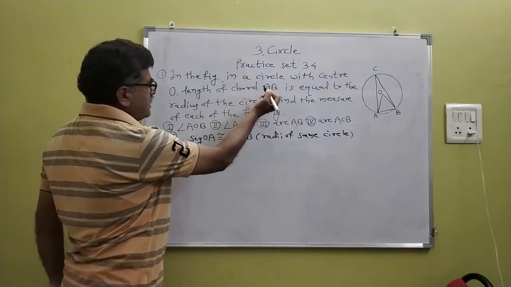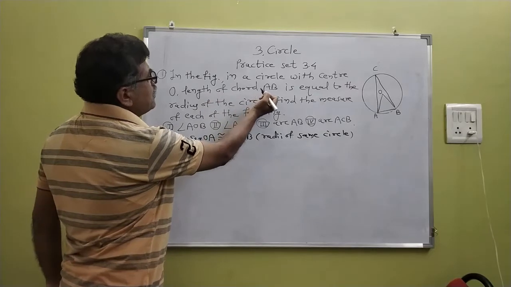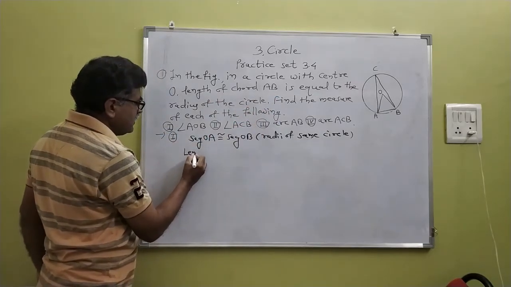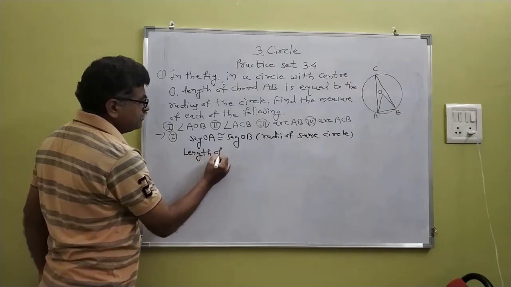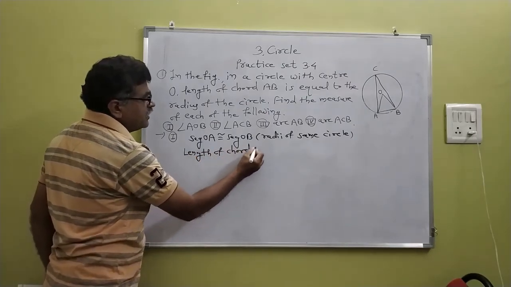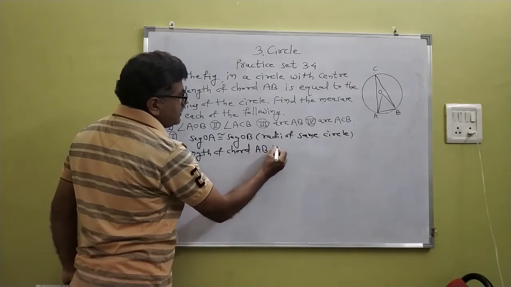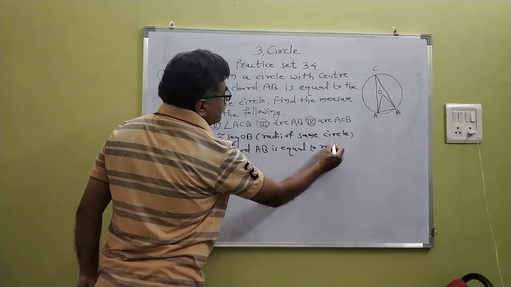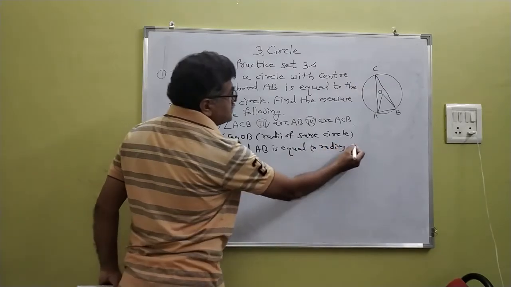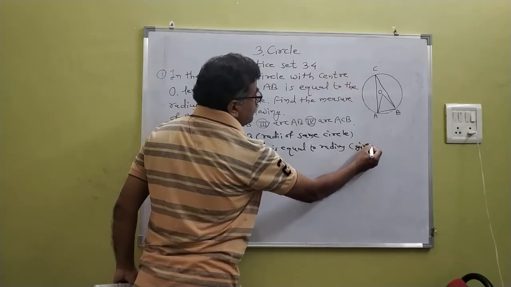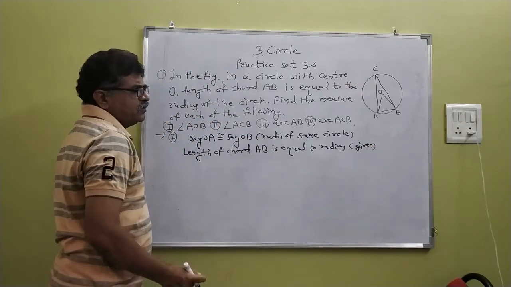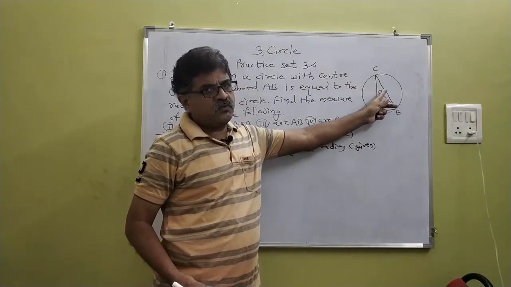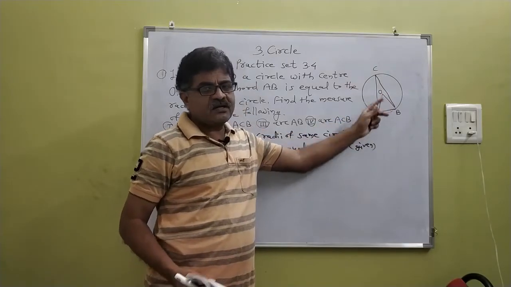And write down, given, length of chord AB is equal to the radius. This is given. Therefore, these two are congruent.